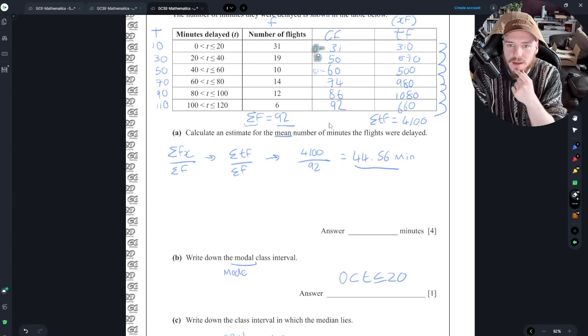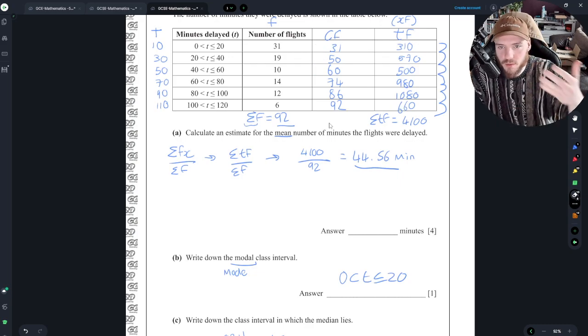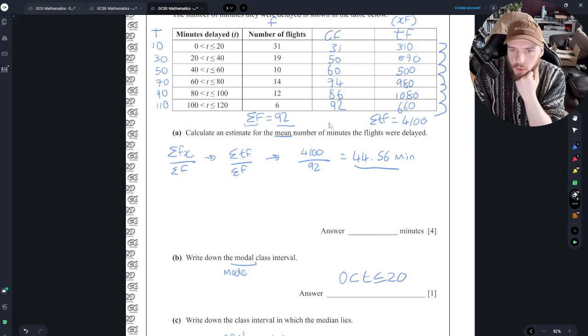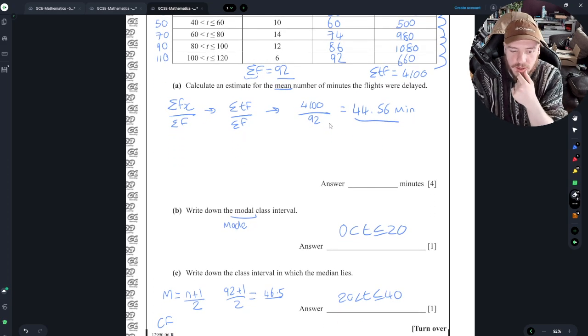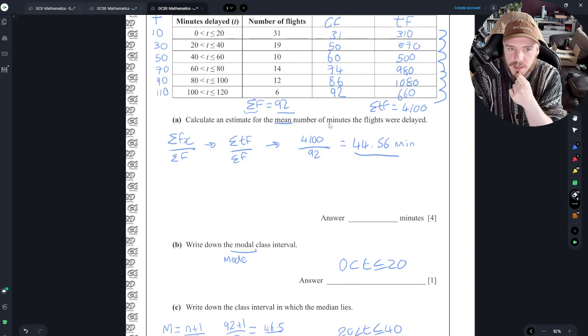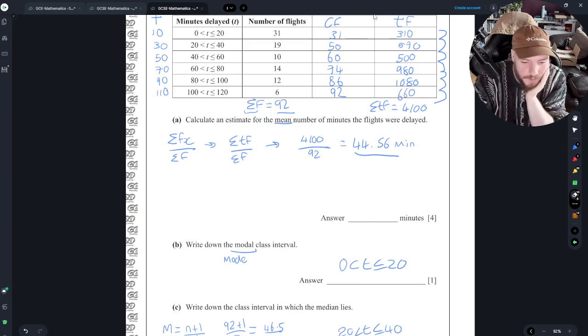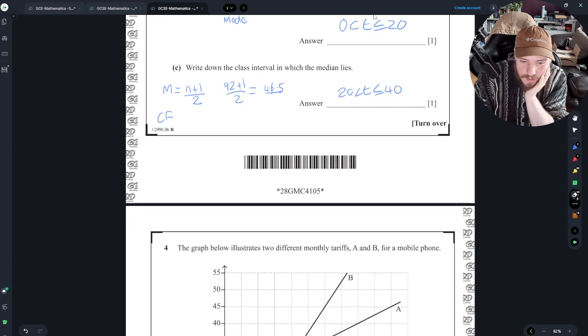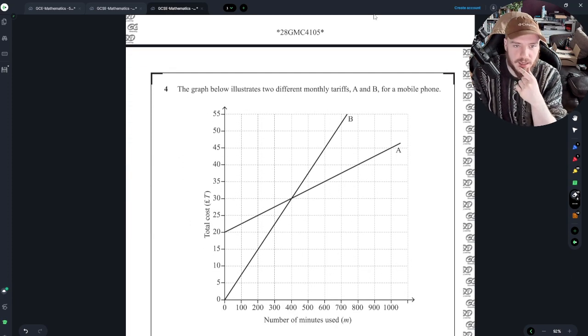It's not visually represented in the cumulative frequency column, but that's what it actually represents. So just in case you're wondering, I have this 46.5. What does that mean? Does that mean 46.5 minutes? No, we look at our cumulative frequency column and try to find what range 46.5 is in. So let's move on to our next question.